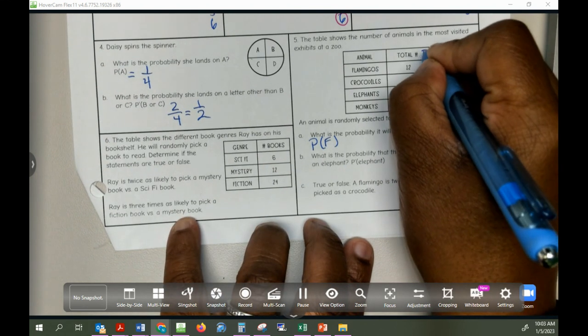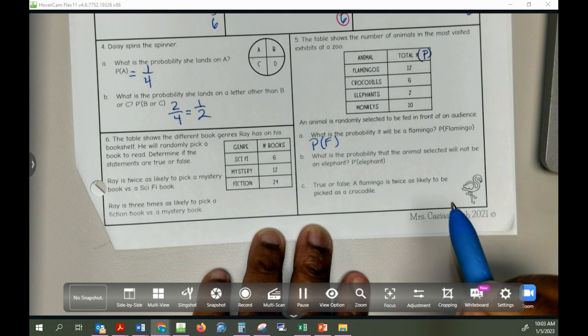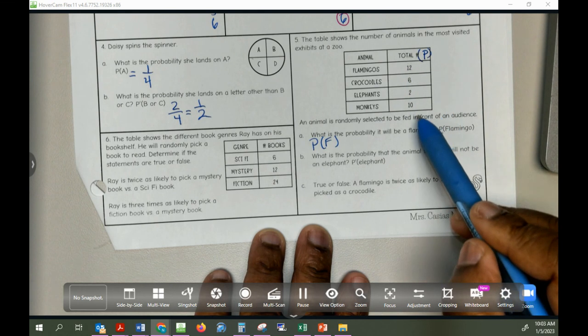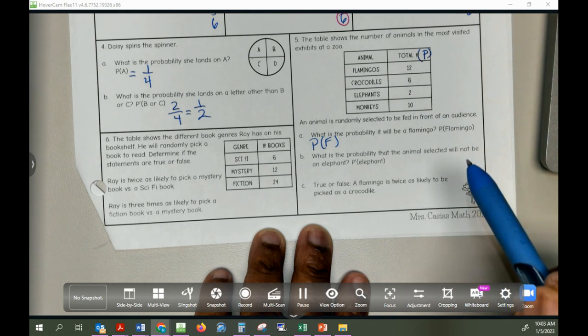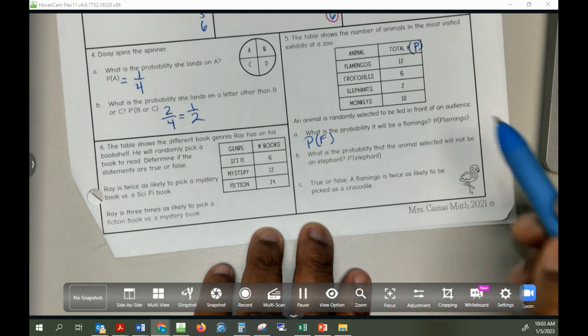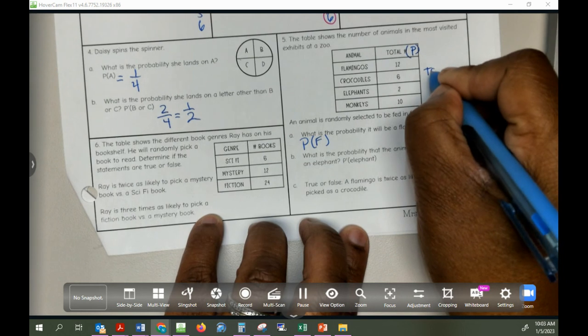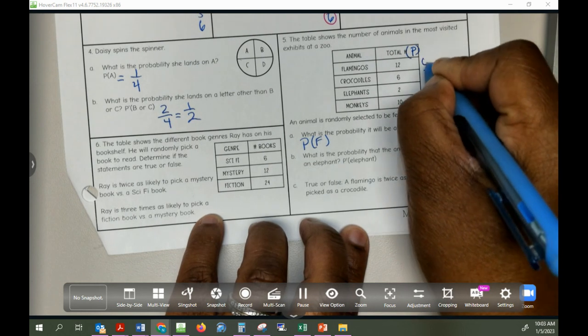So all of these numbers here are parts. How do I find the whole, Sophia? How can I find the whole of all of these? Add them together. Can you go ahead and add them up for us? So we need a total because that is our whole.